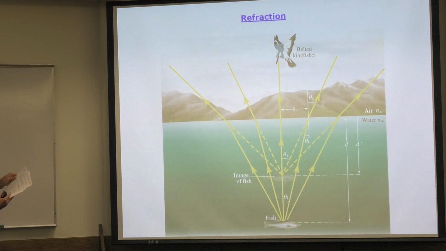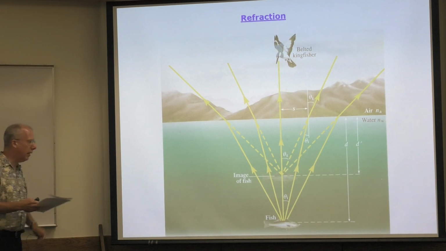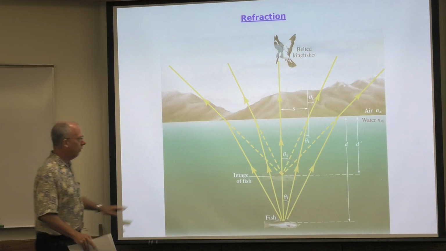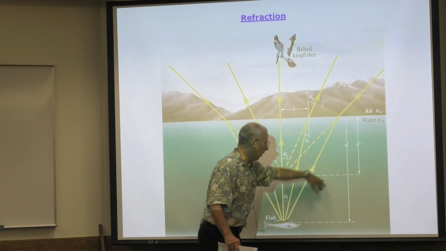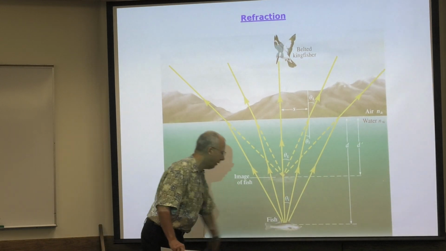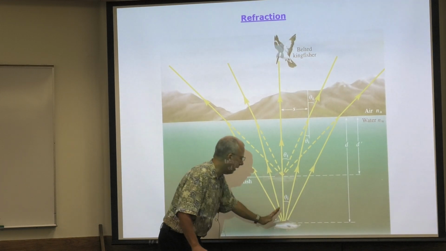This whole business of refraction is responsible for the difference in actual depth and apparent depth of an object underwater. So don't worry about all these variables. Ignore all these variables. But here's the thing. Here's a real fish. And so there's sunlight hitting the fish and it gets reflected.